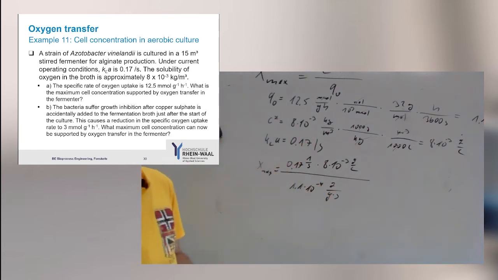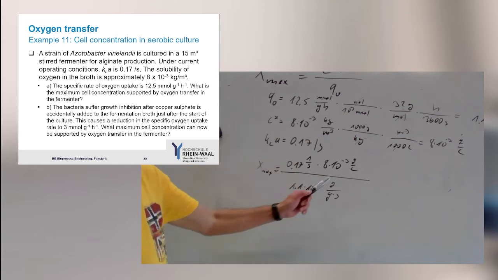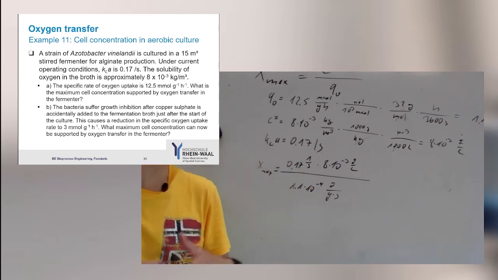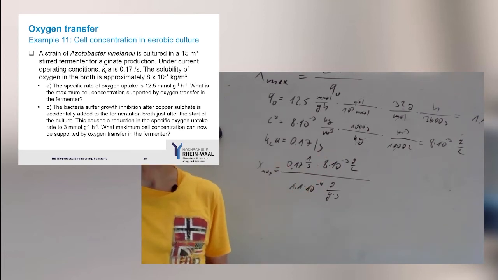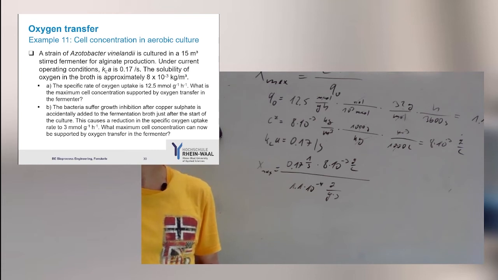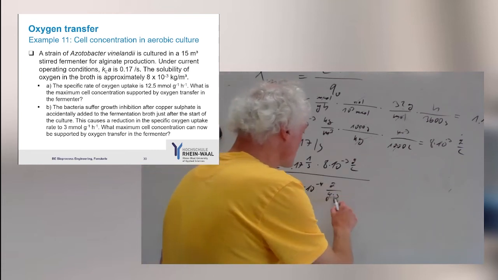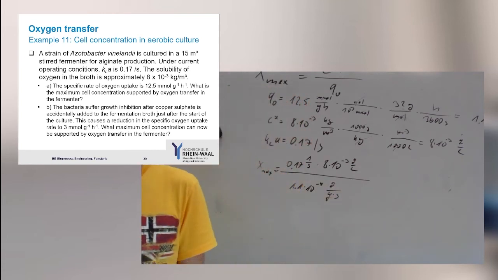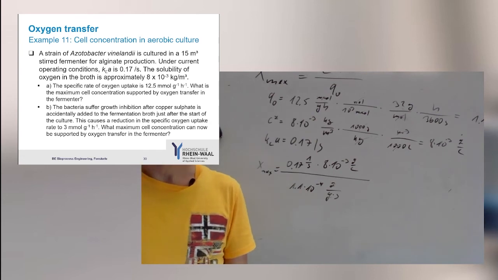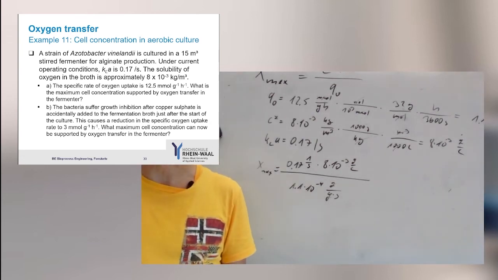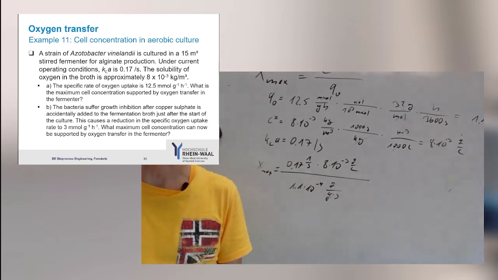Now I can kick out my grams and my liters. I would kick out the oxygen grams here to be formally correct. Of course, lazy people then kick out these grams here, but formally this is not correct. At the end, you should end up with the same unit, even if you mixed up the grams.